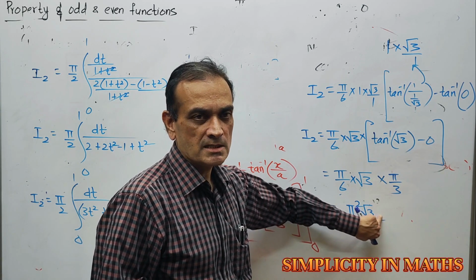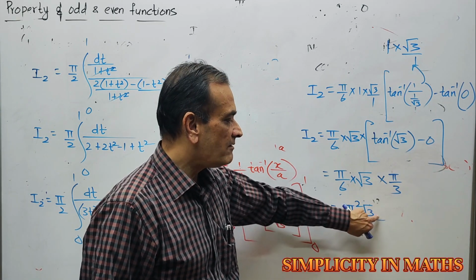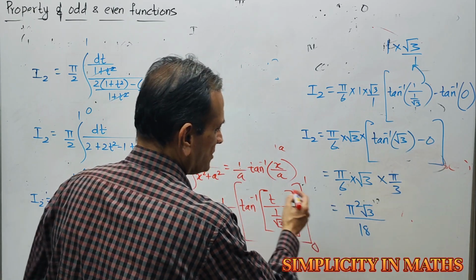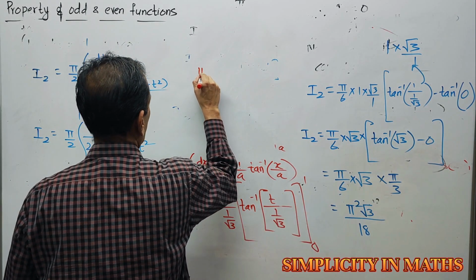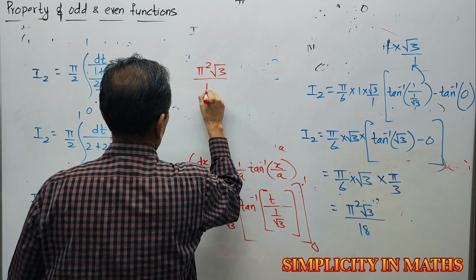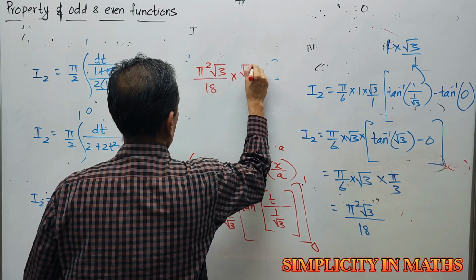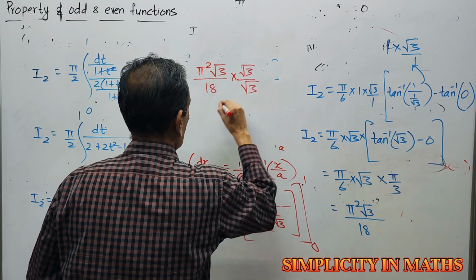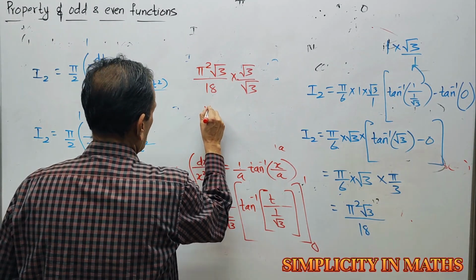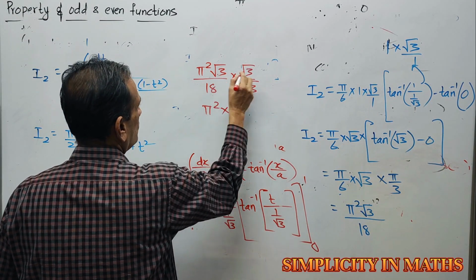No need to rationalize. But since they have written it the other way in the book, let us rationalize and check what comes. Rationalize the numerator. Multiply and divide by root 3. Root 3 into root 3 is 3.